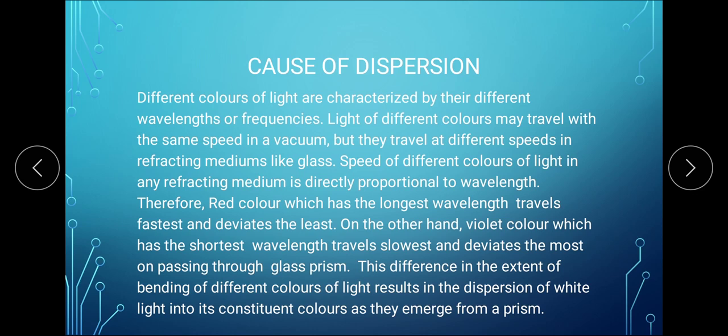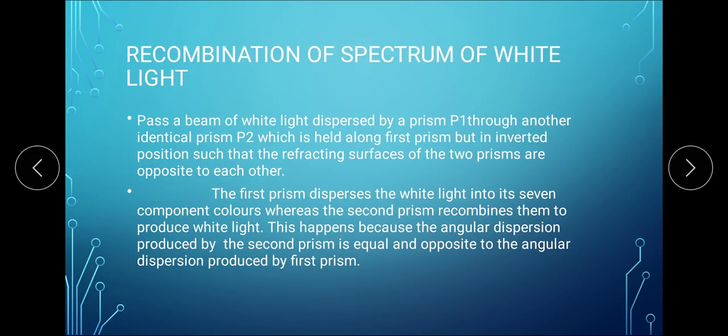So, the basic cause of dispersion is that the different colors of light travel with different speeds in glass, therefore they deviate at different angles and finally emerge out as a band of 7 colors. I hope you have understood dispersion as well as cause of dispersion.